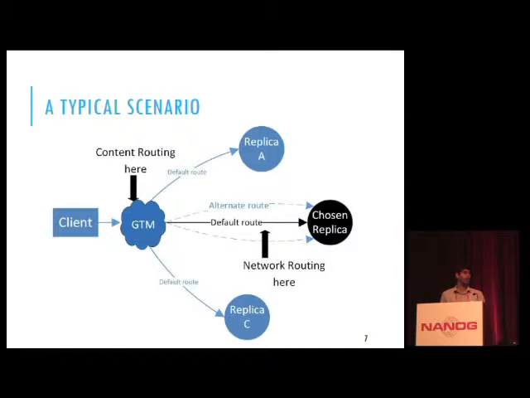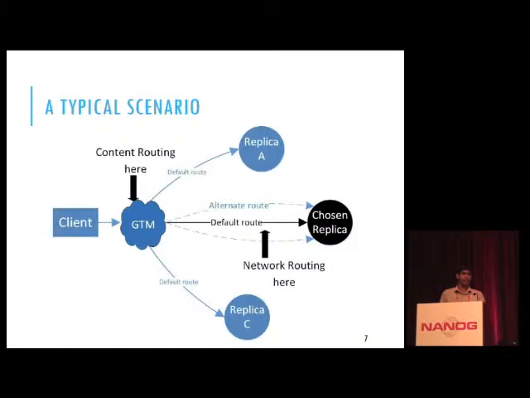And depending on which of these performance results is the best, it's going to redirect the client to the chosen replica, which is the one in black. Now, network operators at that chosen replica are going to be seeing this incoming heavy traffic through a certain prefix. And now their job is one of optimizing network routes for this heavy traffic.